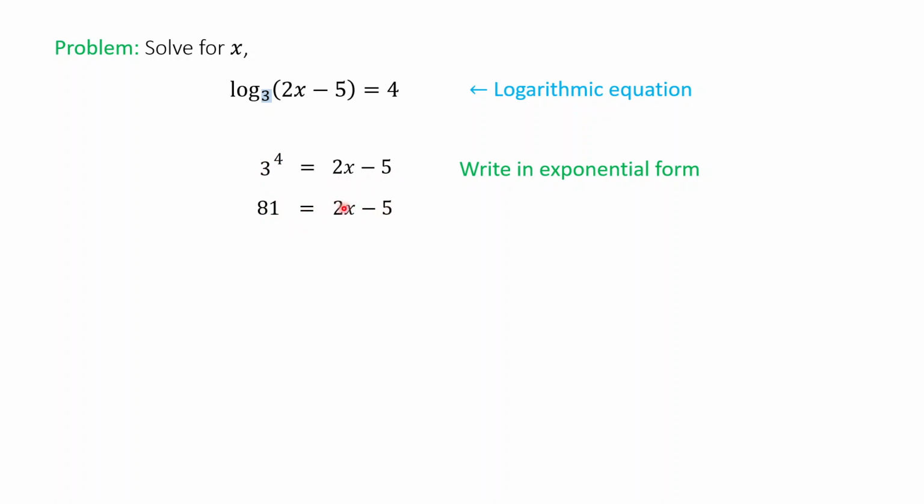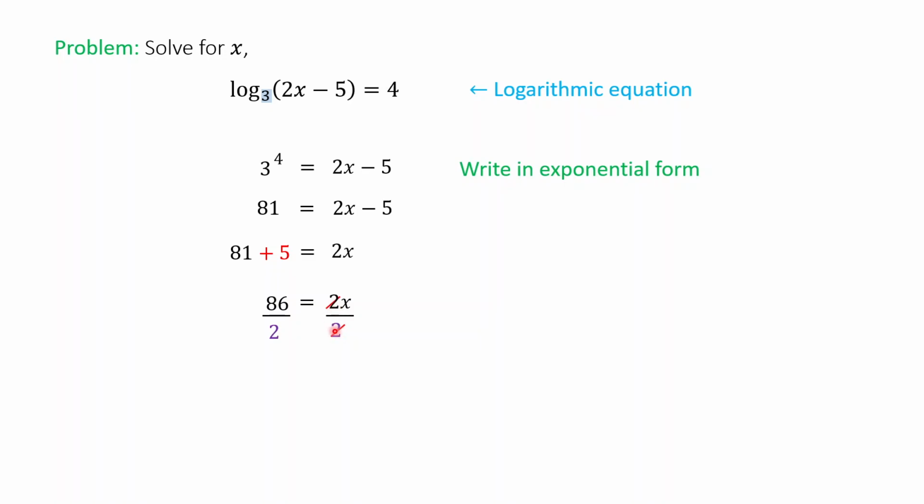Now isolate this by adding a 5. You get 81 plus 5 is equal to 2x. 81 plus 5, 86 is equal to 2x. Now divide 2 both sides to get x.